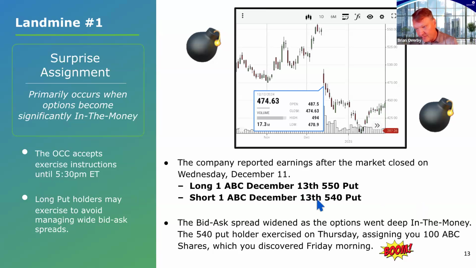And if you put the stock at 540 and the stock continues to do this, and you're buying a stock at $540, which now ended up all the way down to about 440 or 430 before it made a small bounce back up. So in this instance, the broker let you put in the trade because you were covered. You have the obligation to take the stock at 440, but you had the right to put it to somebody at 540. Landmine number one.